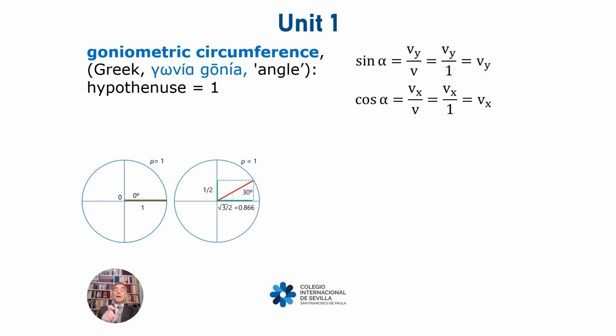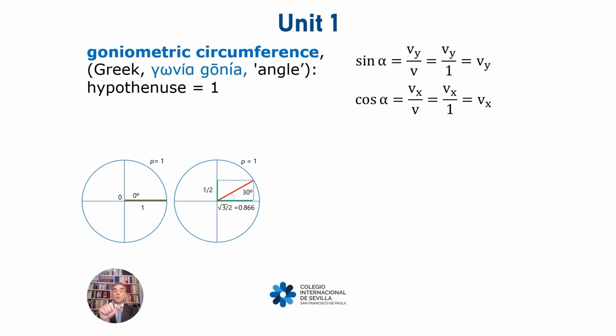When we have 30 degrees, we see in the image that the projection on the vertical axis is half the radius. Therefore, the sine of 30 degrees is 0.5 divided by 1, and that is 0.5. The sine of 30 degrees equals 0.5.